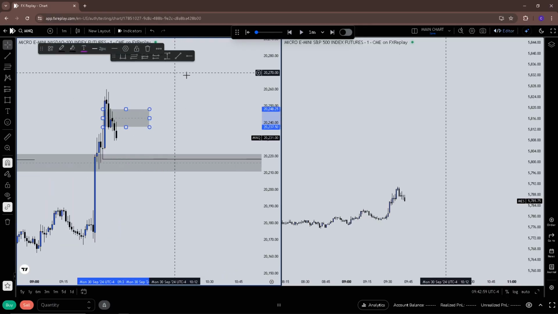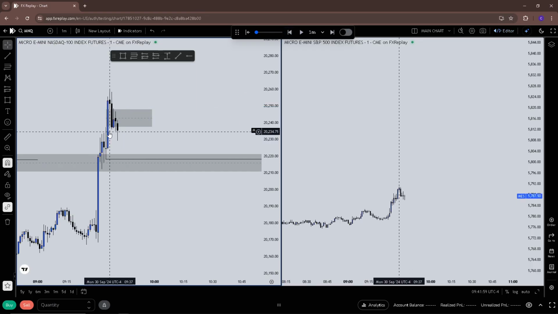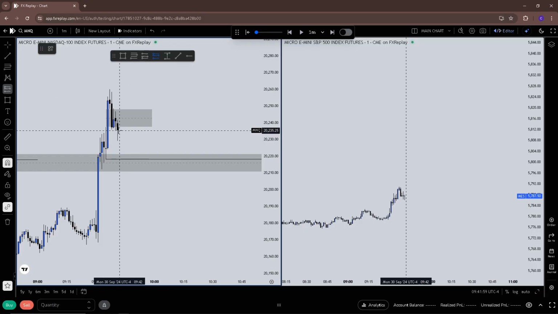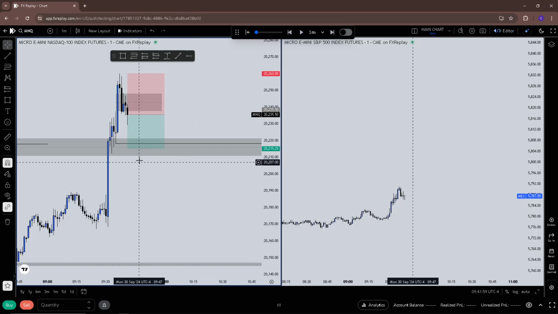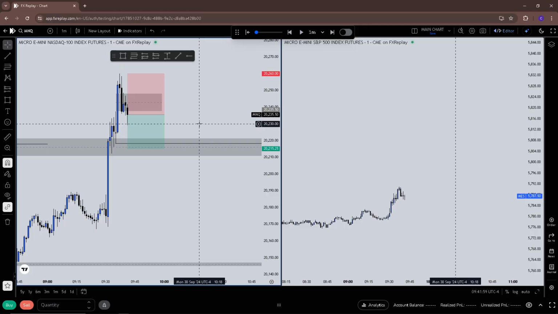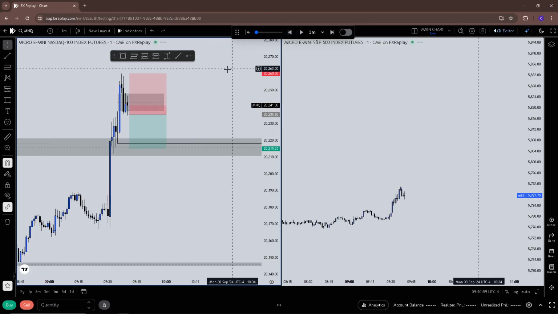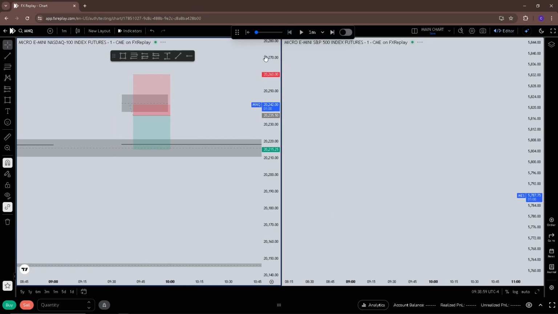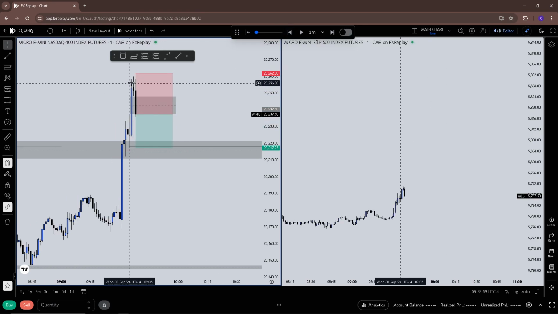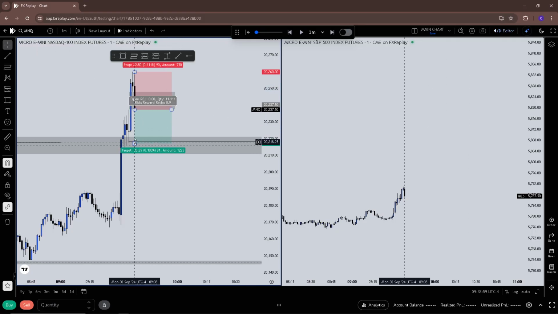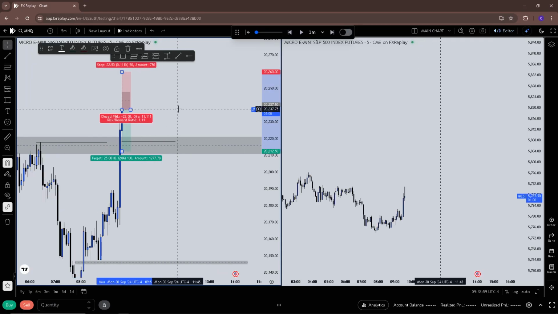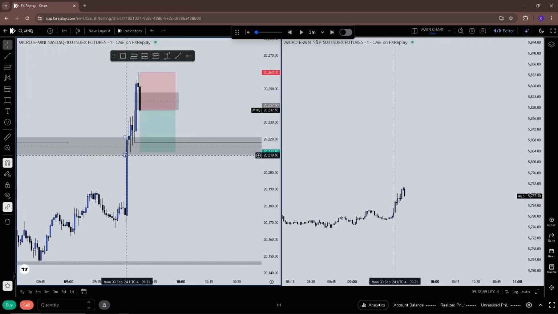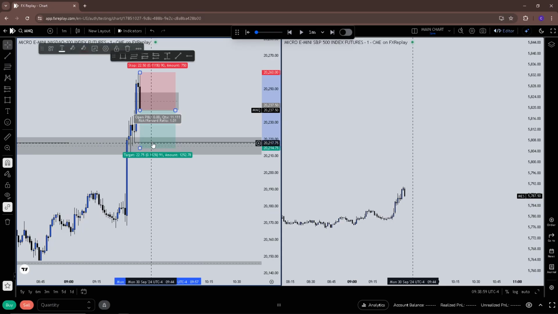Unfilled 5-minute. I do like not going against this trend. RR is not great.